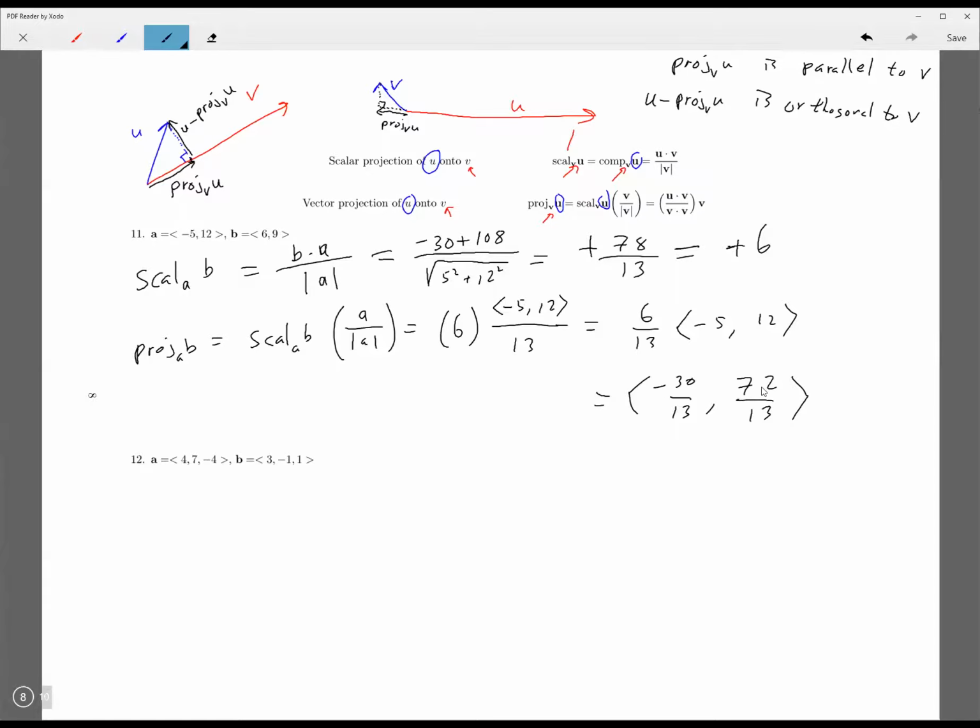Okay. So we go ahead and put it in vector form. So this is the answer to the second part right here.